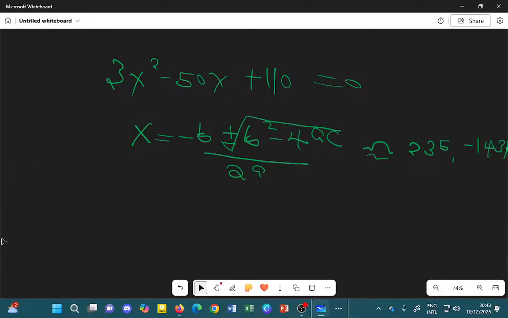So if we take 2.35, then we check the second derivative because we are interested in the maximum profit.